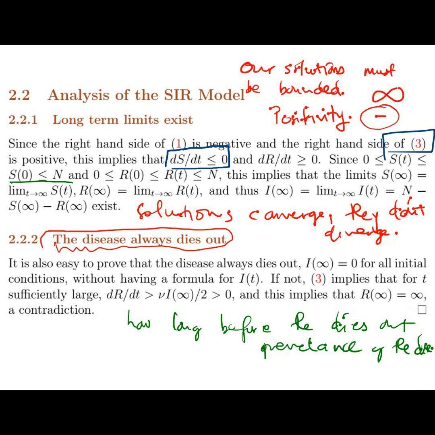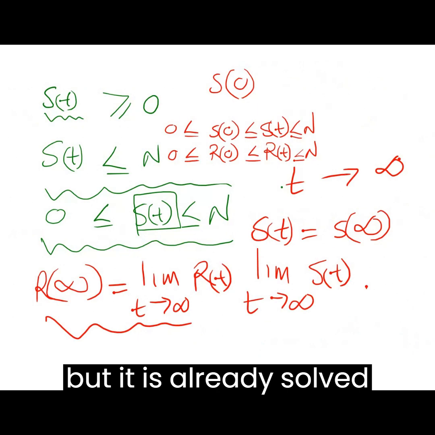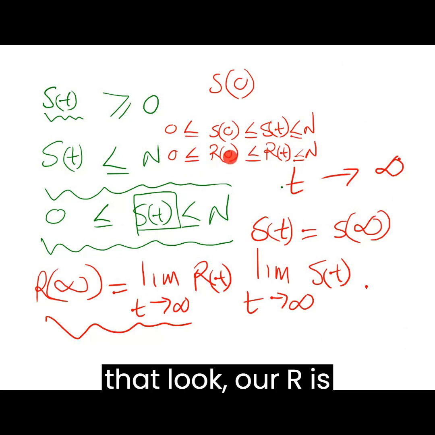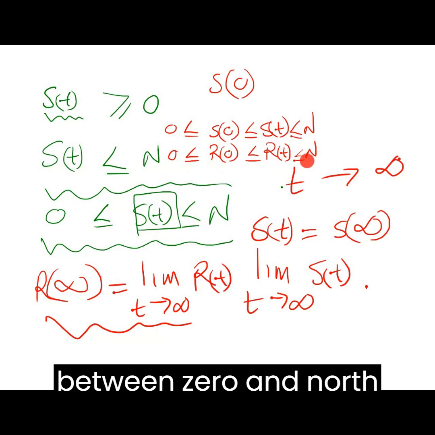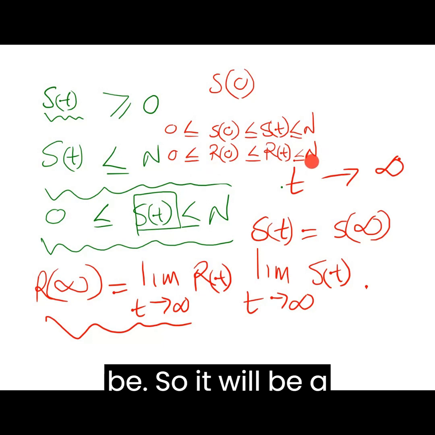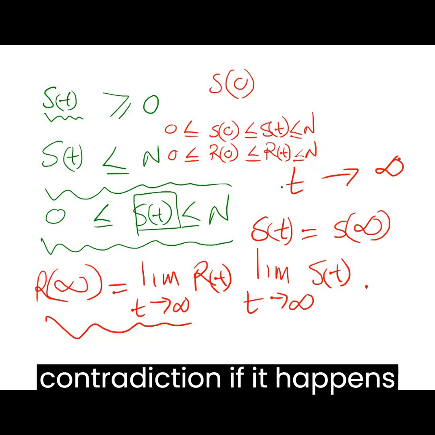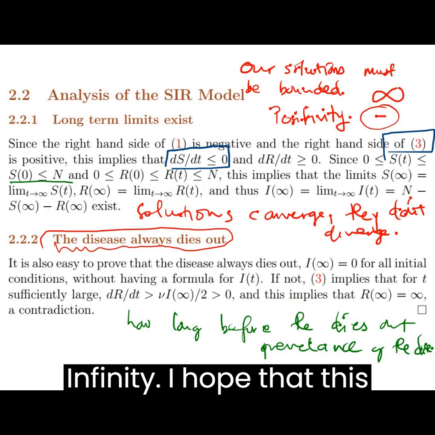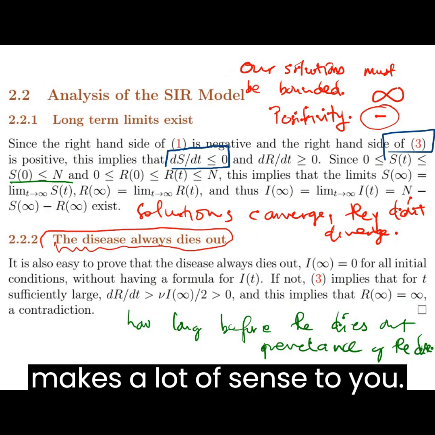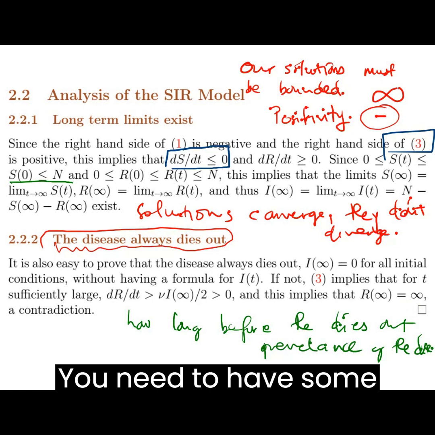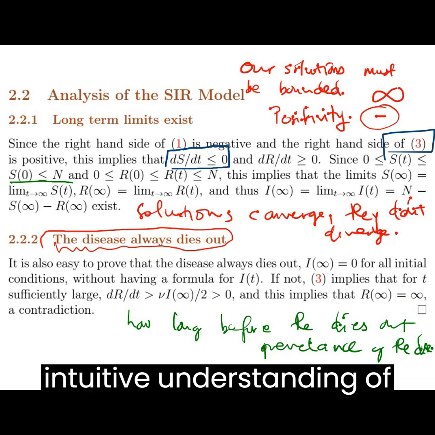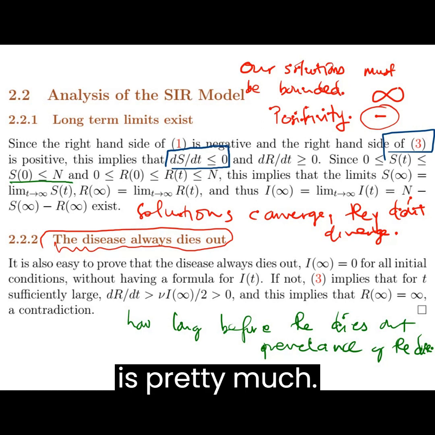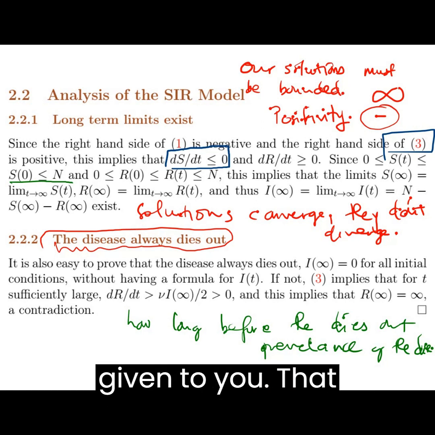That's a problem, but it is already solved because we've discovered that our R is between 0 and N, because that's what it must be. So it will be a contradiction if it goes to infinity. I hope that this makes a lot of sense to you. You need to have some intuitive understanding of what is going on here, but it is pretty much straightforward as it is given to you.